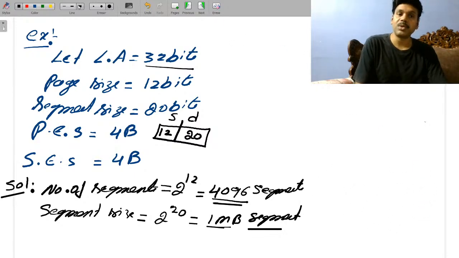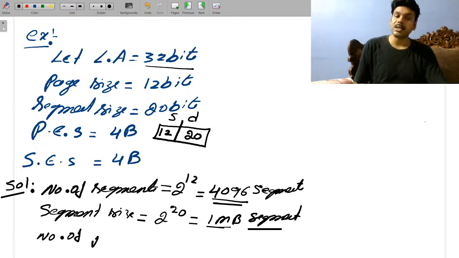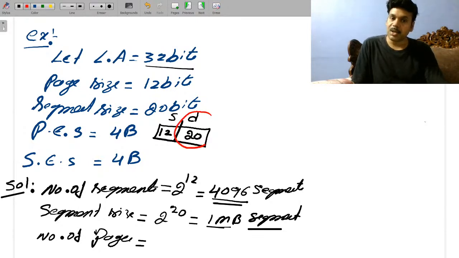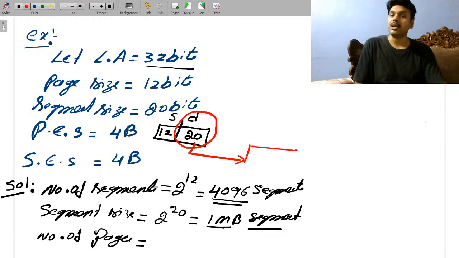So what am I going to do? I am now finding the number of pages for each segment. This 20 bits I am unable to allocate, therefore this 20 is going to be split using paging. Now your paging consists of p comma d.